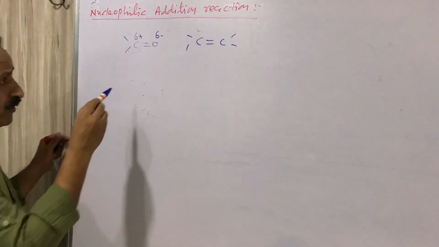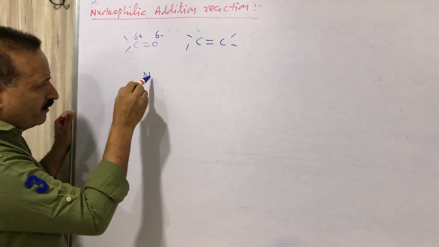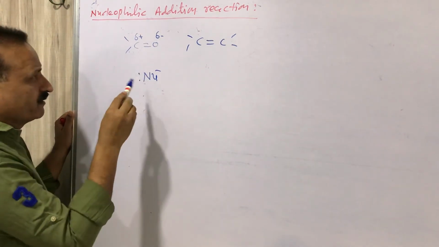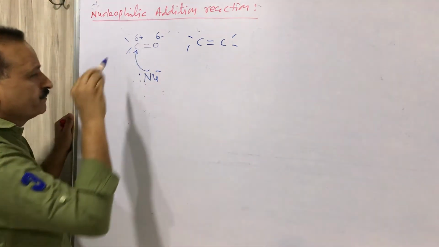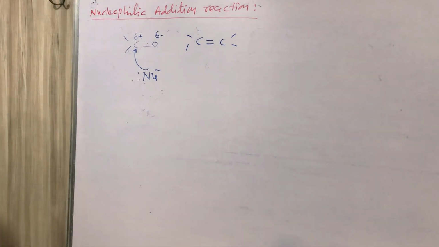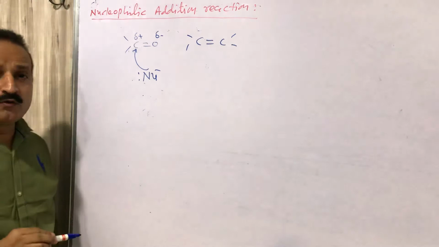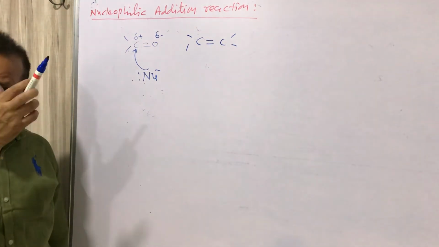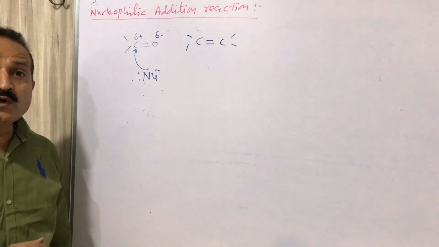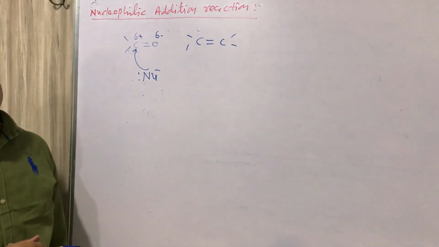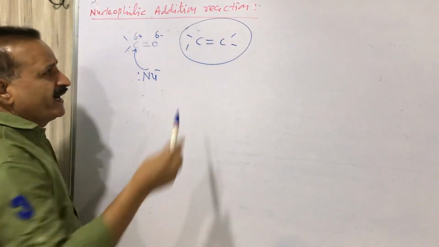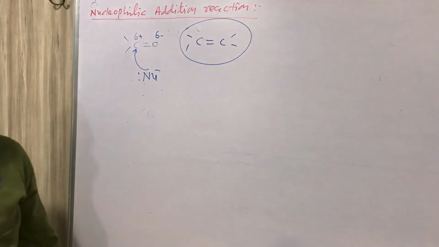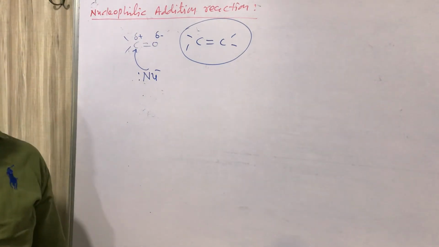So nucleophile, which is a negative ion, will be attracted towards carbon. So the carbonyl group, meaning aldehyde and ketone, will give nucleophilic addition reaction. While in alkene we can see that there will be electrophilic addition reaction.